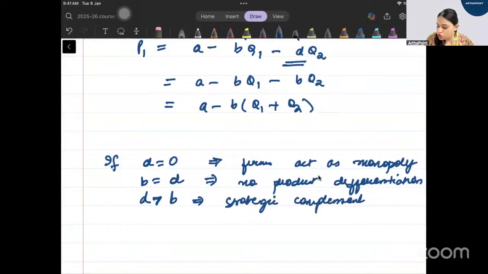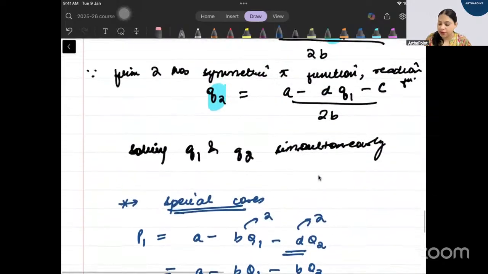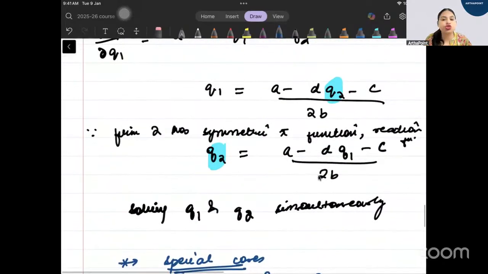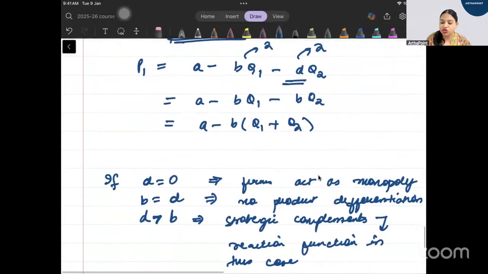I leave it to you to check what will happen to the reaction function in this case. How will be the reaction function in this case? I leave it to you to check, right? Check what happens to the reaction function with the presence of D and with the magnitude of D.